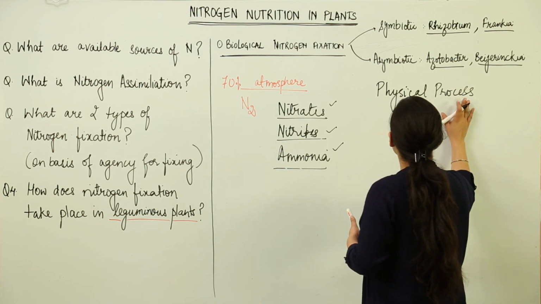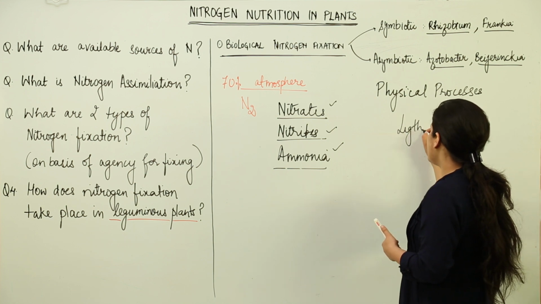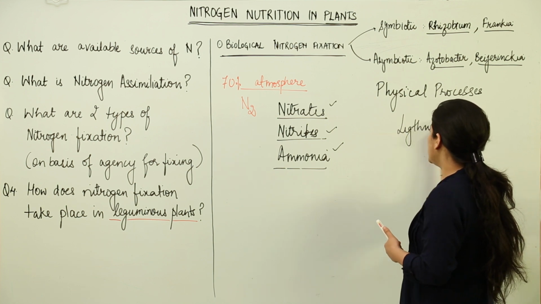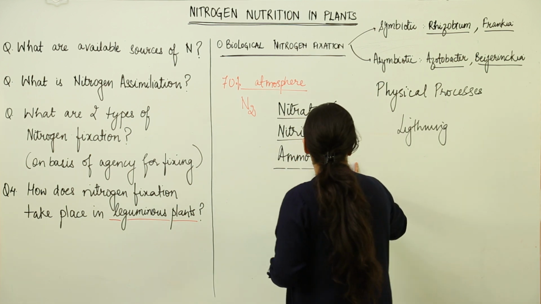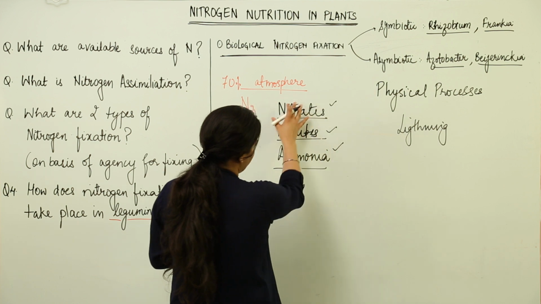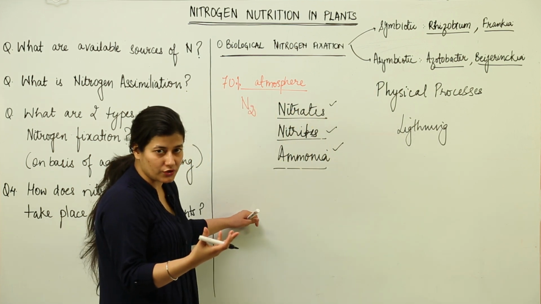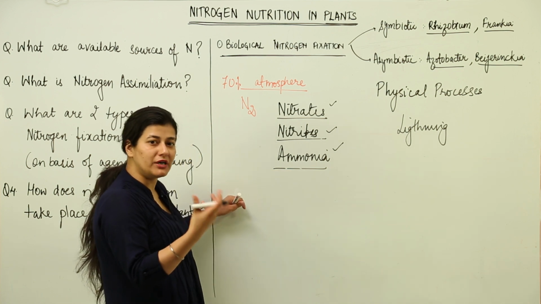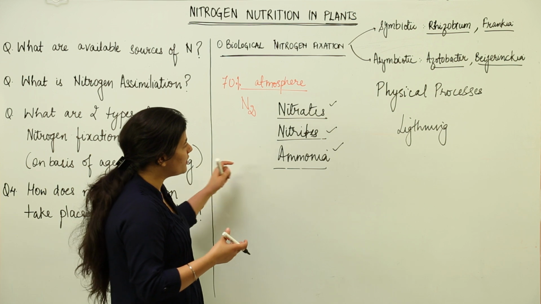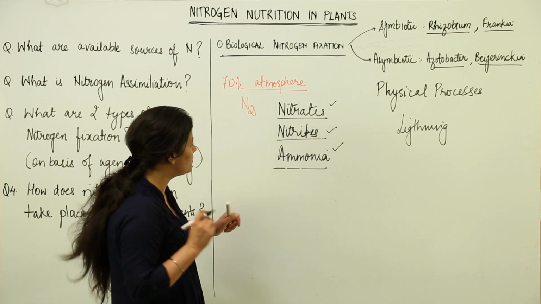Physical processes like lightning break the nitrogen into nitrates and nitrites. Or the gaseous nitrogen is converted into oxides, an acid rain sort of thing. The oxides come in contact with water and form nitric acid, and that becomes available to the plants through the soil. So lightning is an important process.